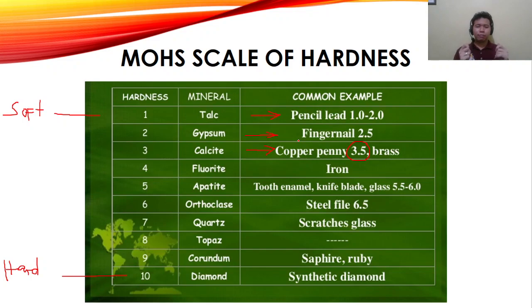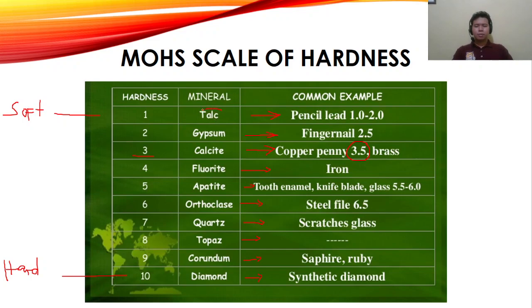Therefore, the penny is equivalent to the hardness of calcite, which is number 3 in hardness. Followed by fluorite, apatite, orthoclase, quartz, topaz, corundum, and diamond being the hardest.